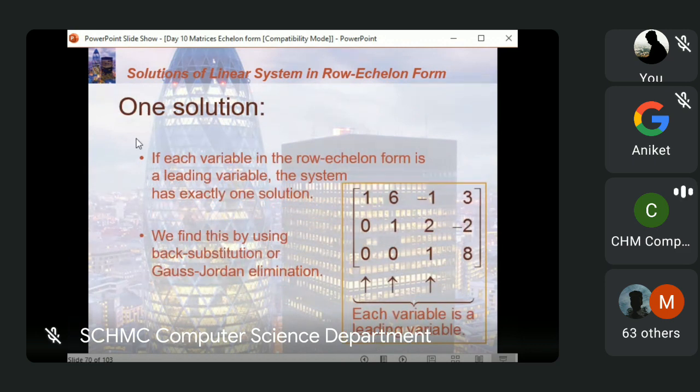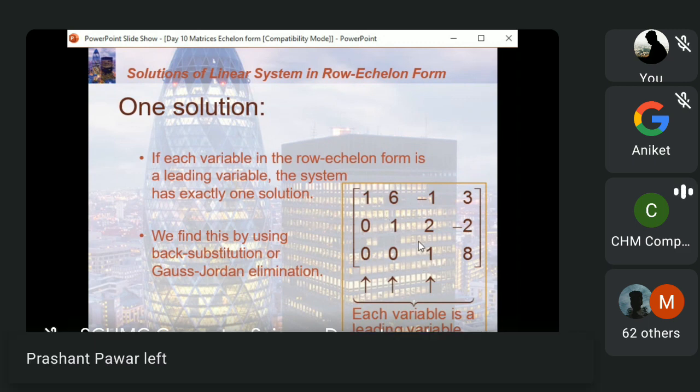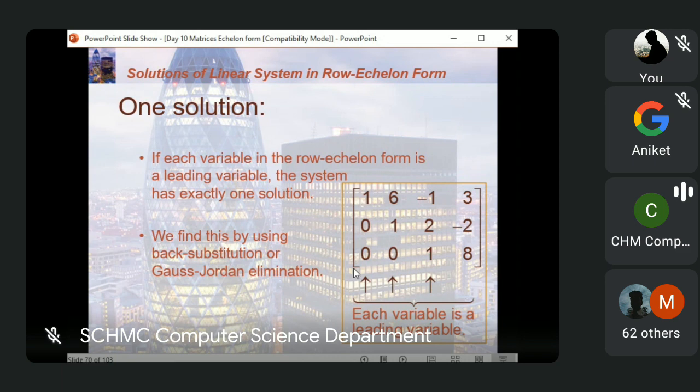Now look at this. This says each variable in the row echelon form is a leading variable. This is your leading variable for x, this is for y, and this is for z. If I write this augmented matrix in the form of equations, I'll start from the bottom, the last row.